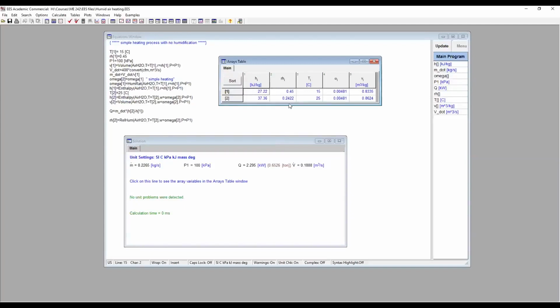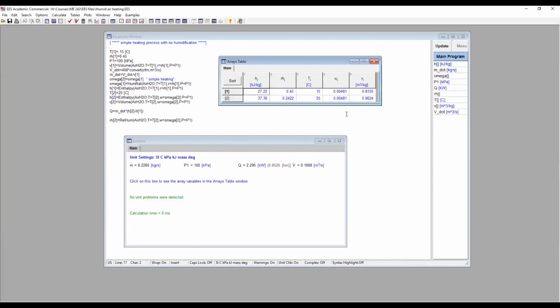Final relative humidity, what was the value we got? I think we got 24 something, right? So it's 24.2%. Omega, we're a little bit off in reading omega: 0.00481.